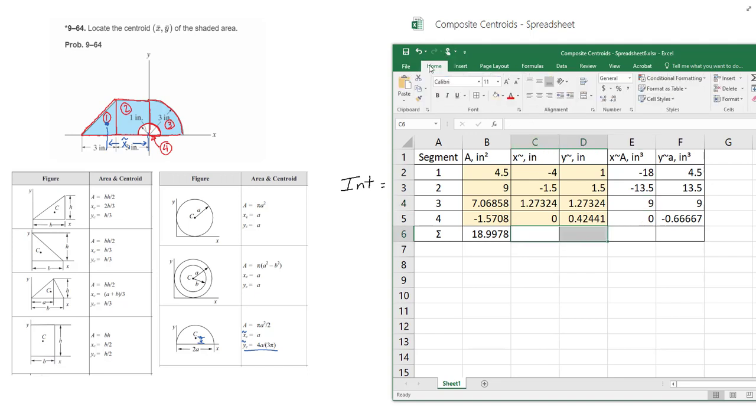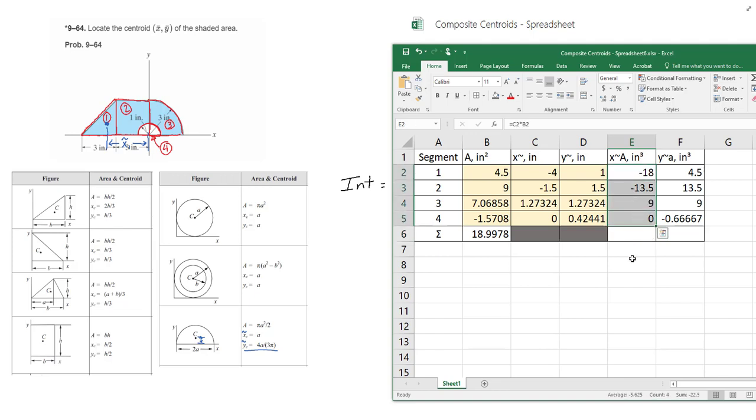We're not going to sum up x tilde and y tilde. We can't just add up the centroids. That doesn't take advantage of whether it's a positive value or a negative value. So we don't just add up the centroids, but we do this weighted average. So I have my weighted averages of the x relative to the area. Okay.